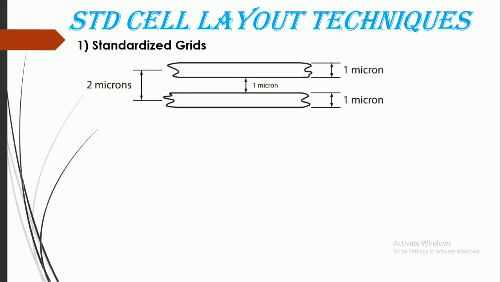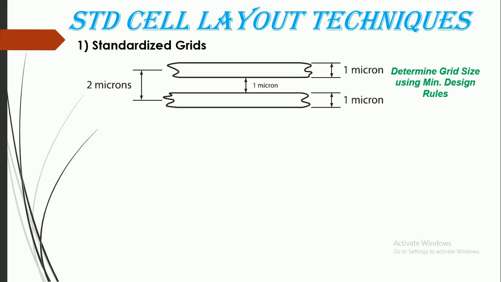One example is given here: if the spacing between my two metals is 1 micron, and the width of my metal is 1 micron, then the total will be 2 microns from here to here. We will call this a track, and I will get back to this part later. Just remember that minimum design rules will decide my grid size.